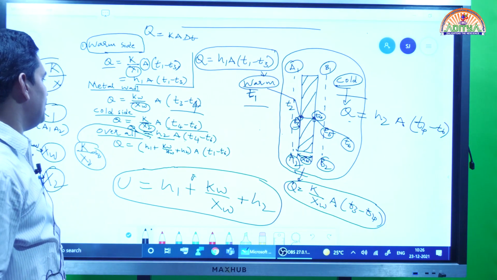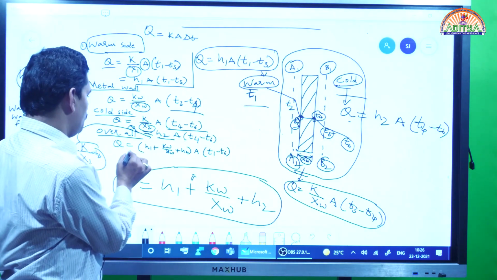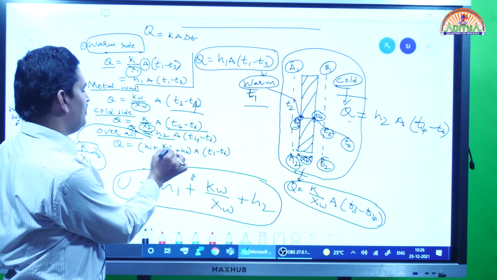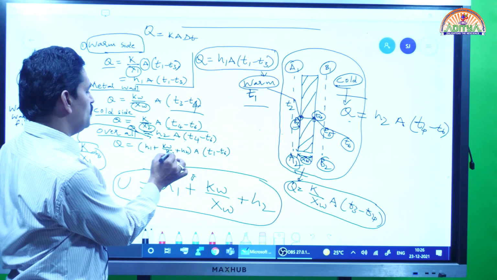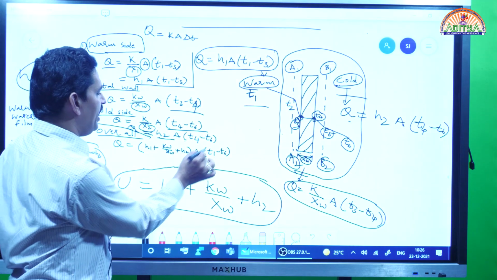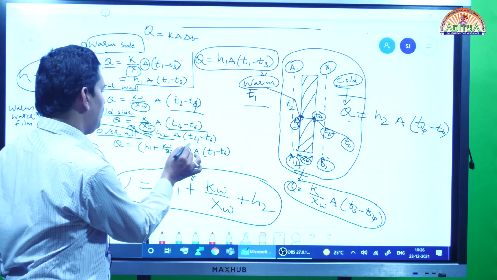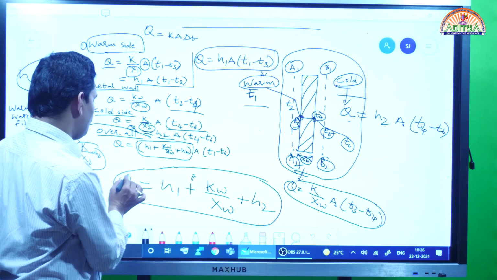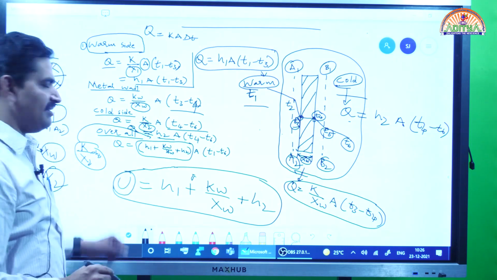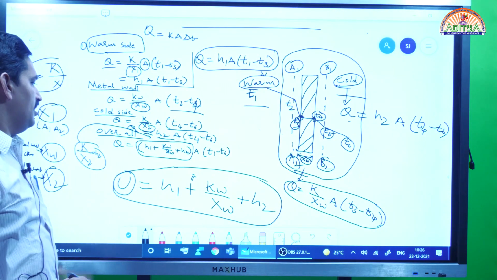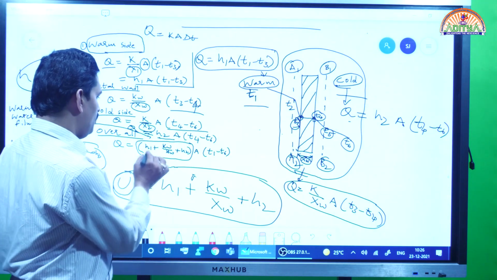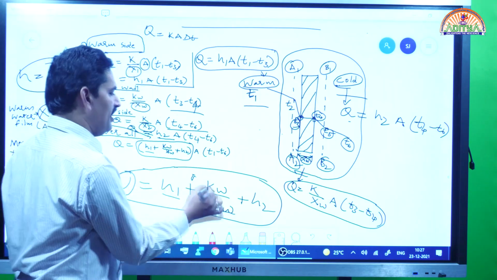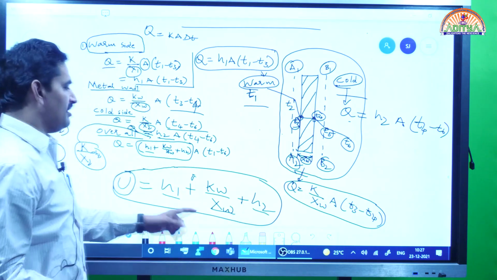So here Q is equal to 1 over (1 by H1 plus xw by K plus 1 by H2) into A into T1 minus T6, where all this is called resistance, that is, overall resistance, that is nothing but U. So U is equal to that expression, with K by xw in the middle term.